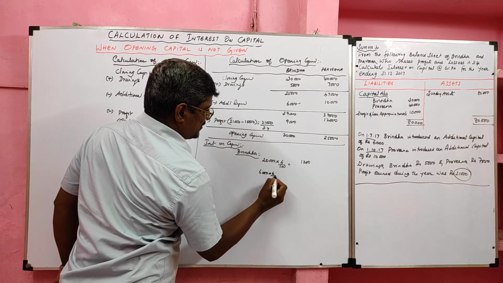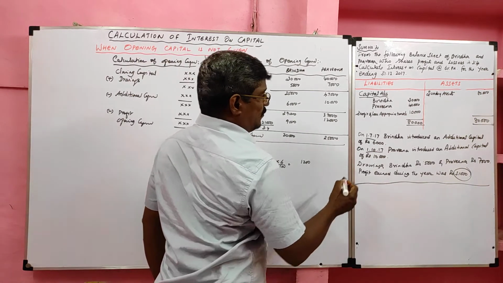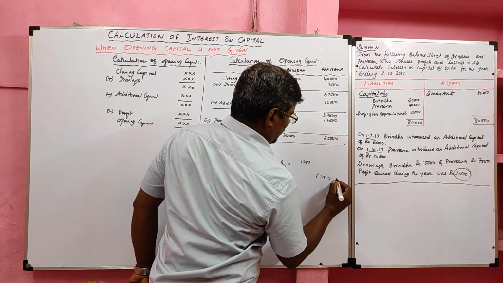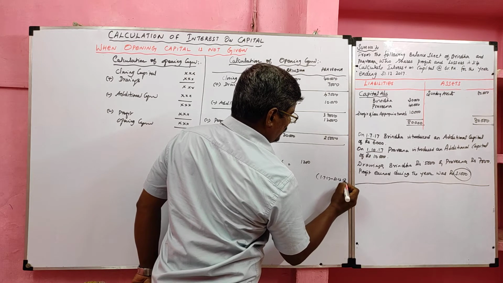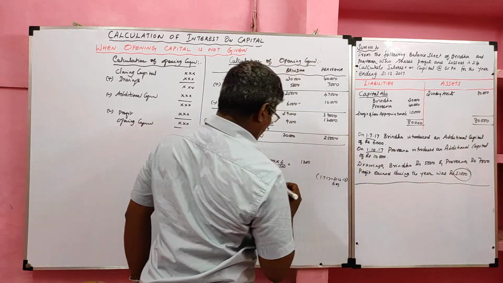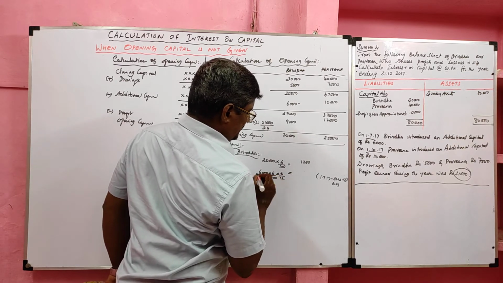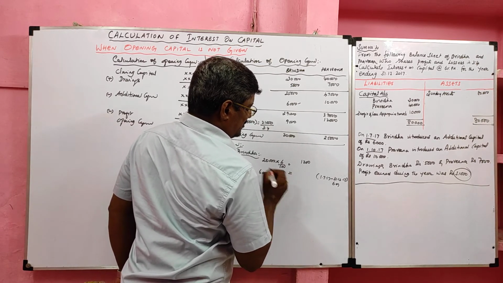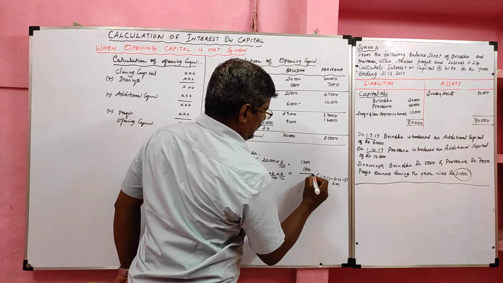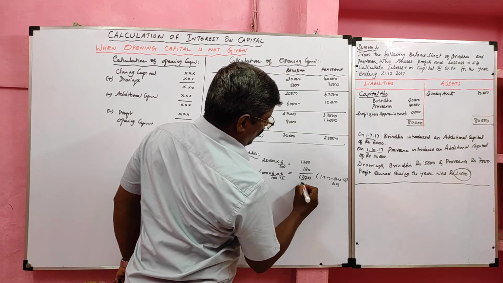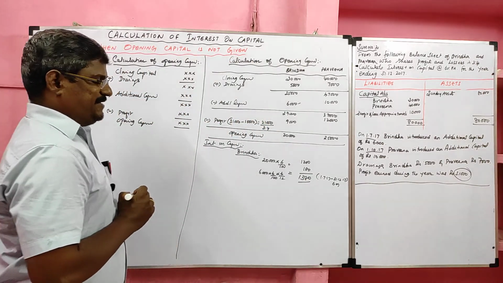On that 6%. It was introduced on 1st July, so from 1st July 2017 to our period ending 31st December 2017, totally we have to provide for 6 months. 6,000 into 6% is 360, into 6/12 equals 180. So for Brinda, we should provide 1,380 as interest on capital.